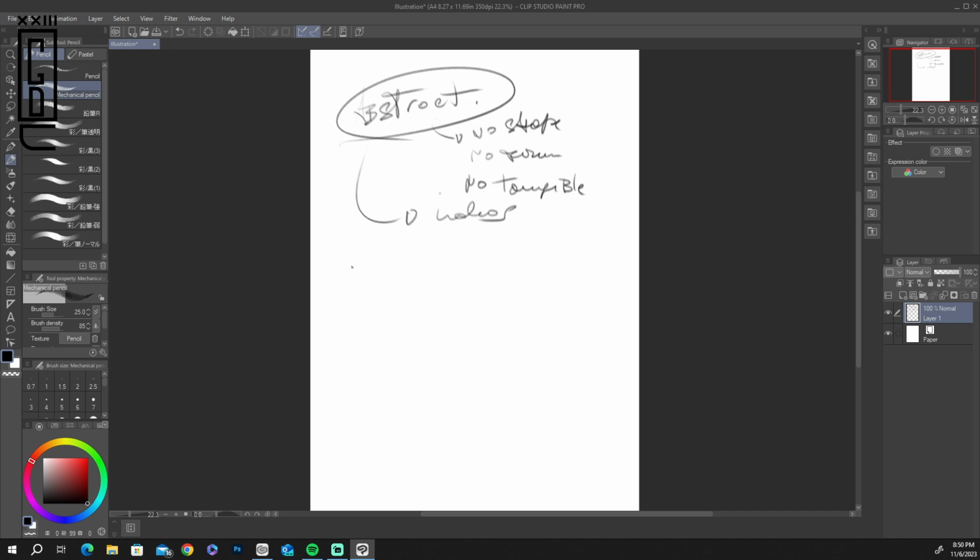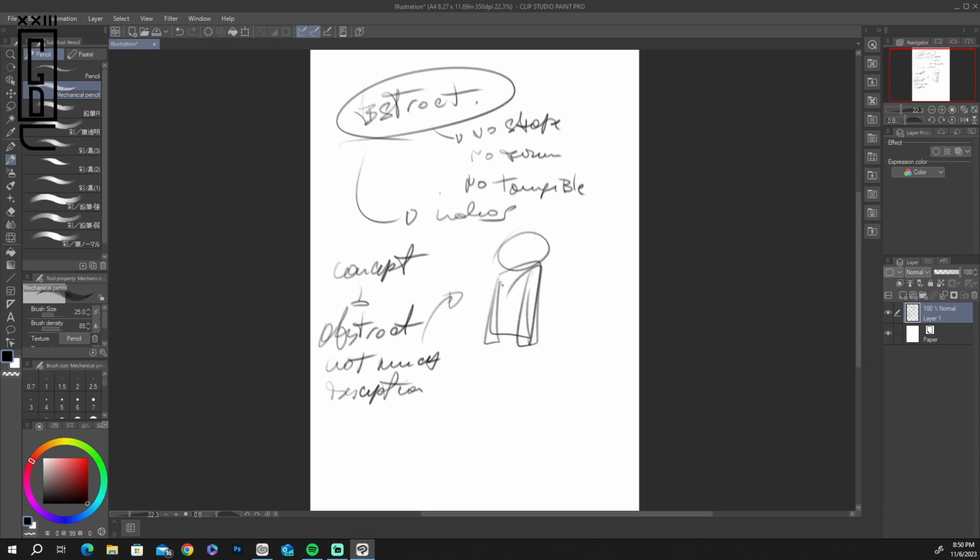And when people come to you with a concept, usually it is abstract, not very descriptive, and they hope that you make a shape out of that.